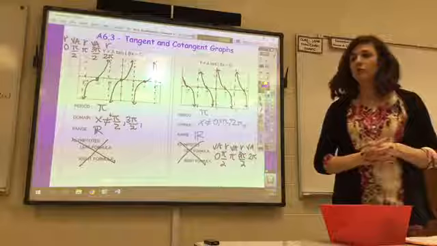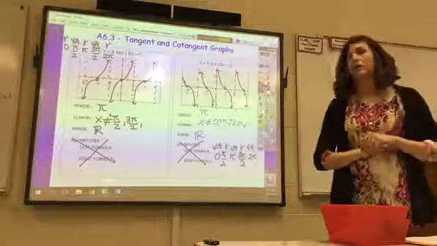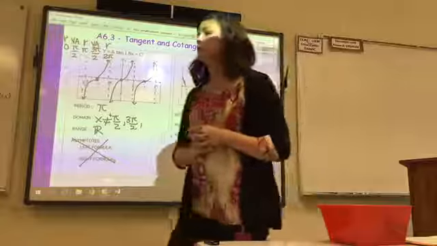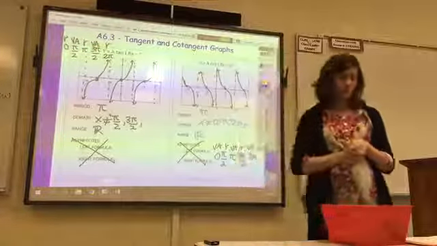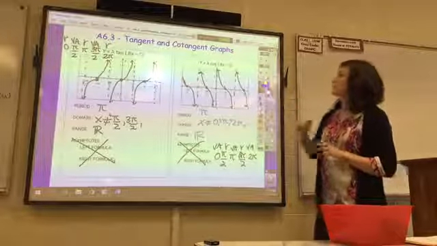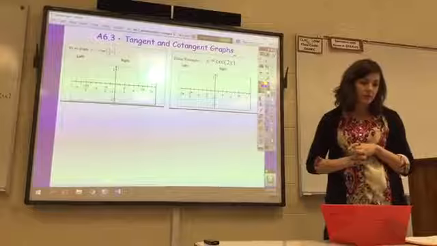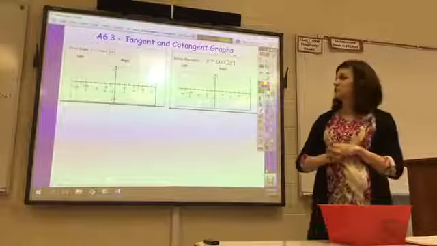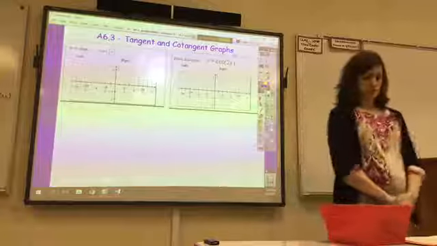All right. If you will turn the page to example number 3. Turn forward in your book. So, example 3 should say y equals negative 2 tan 1 half x.